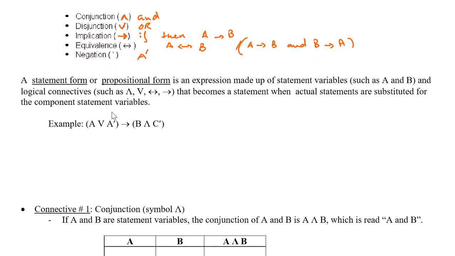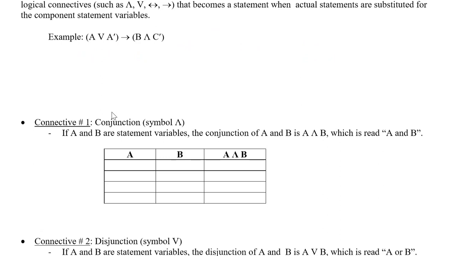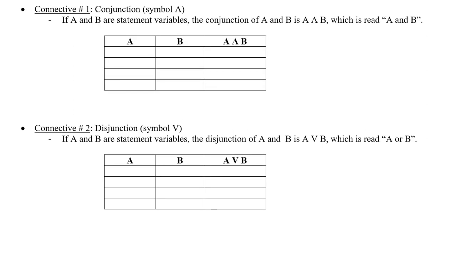Here is an example. So an example would be A or not A implies B and not C. So here we're gonna see the symbol and, the conjunction symbol, and we study it a little bit. What we're gonna do is we're gonna find the truth table for and.